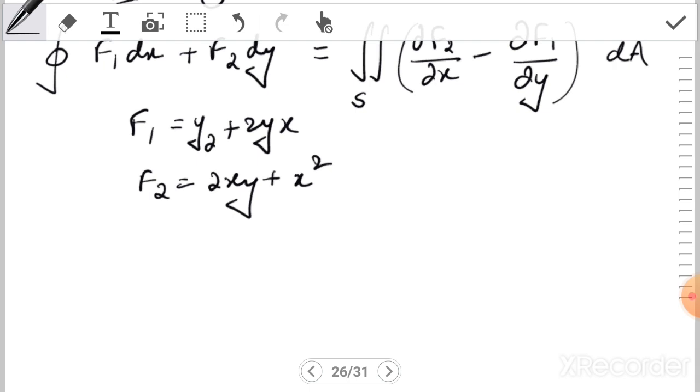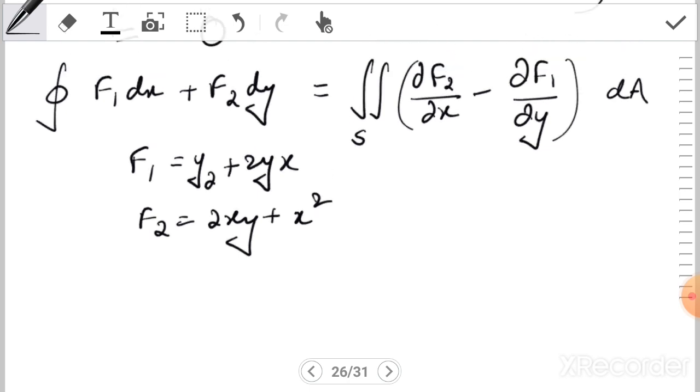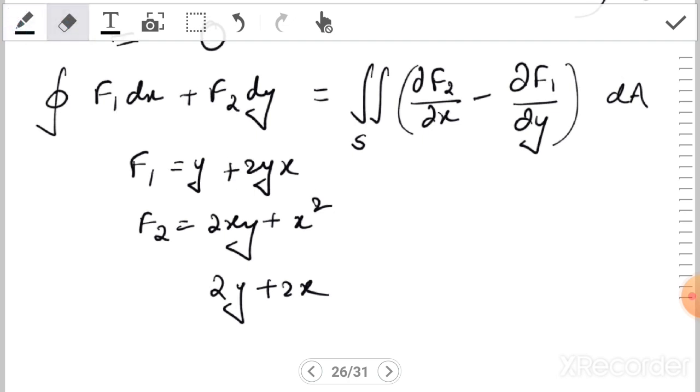So del f2 by del x will be equal to 2y plus 2x, and del f1 by del y will be equal to 2y plus 2x again.